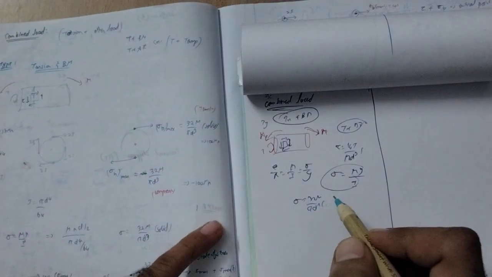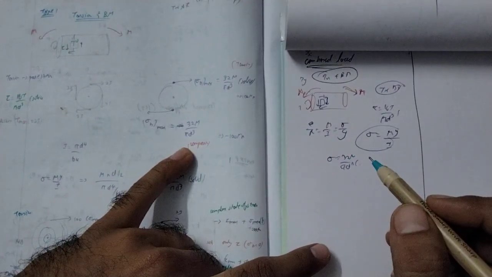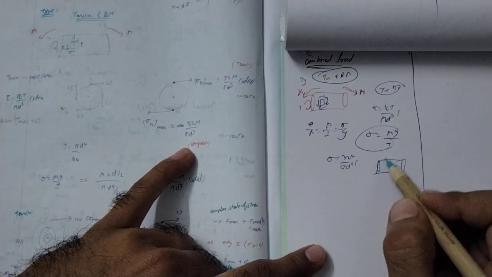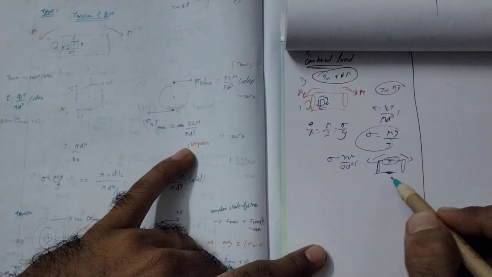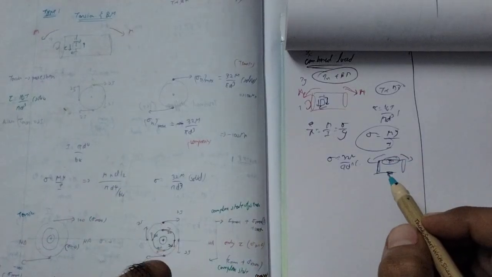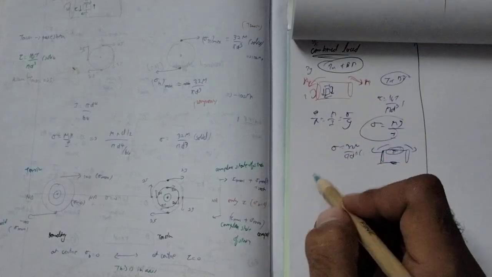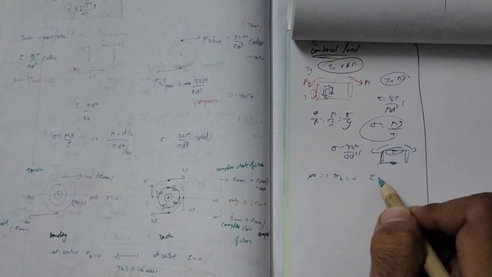Okay, this was solid at the outline, and at the bottom it will be most of compression. The simple thing, guys, if bending moment is given like this, you can see here the tension will be, here the compression will be, that's why it will be given minus. Okay, so I think you can understand. But at the neutral axis, at the center axis, the bending stress will be 0 and the shear stress will be 0.